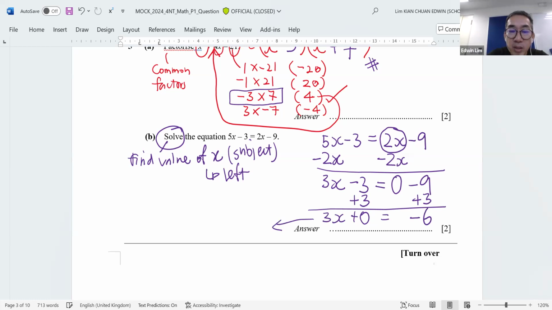So eventually I have 3x equals negative 6. I will divide by 3 to get my x. So I divide by 3 as well. So my answer will be x equals negative 2. This is the answer to question 5B.